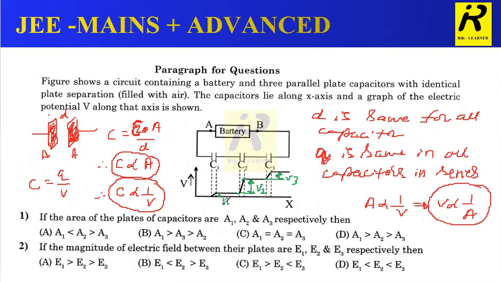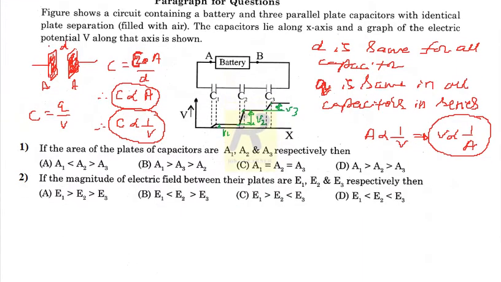Definitely, what I observed here is that V2 is large and V1 is very much less. So what can I write? I can easily say V2 is more than V3, more than V1. Otherwise, I can say V1 is less than V3, less than V2.